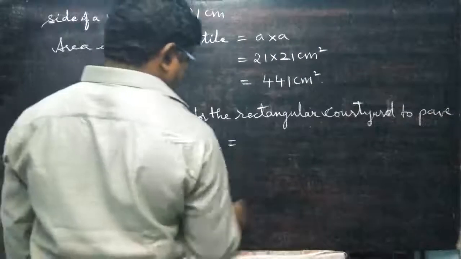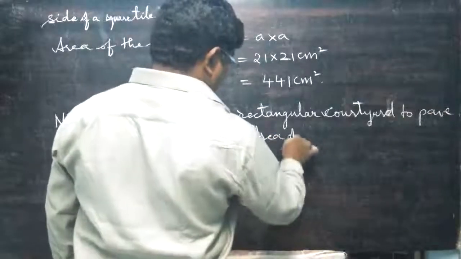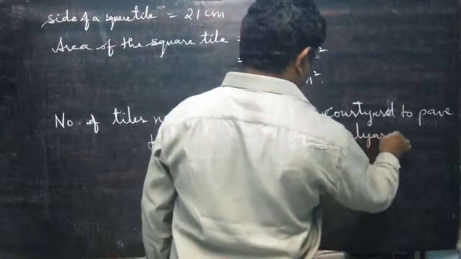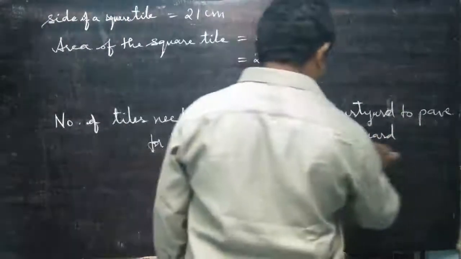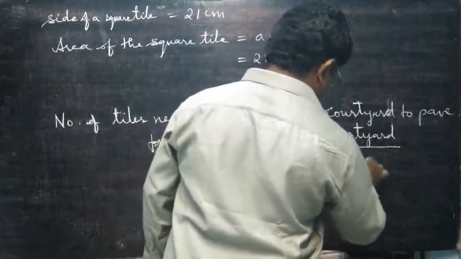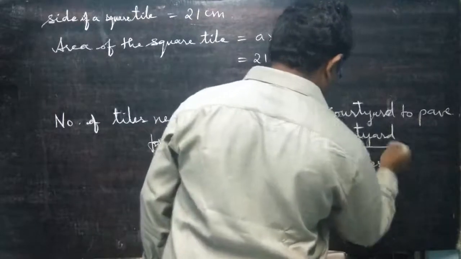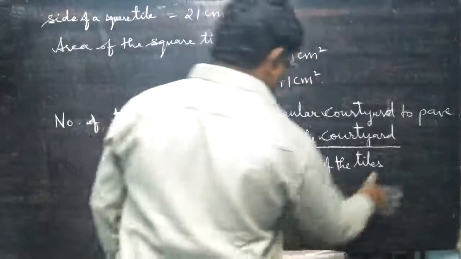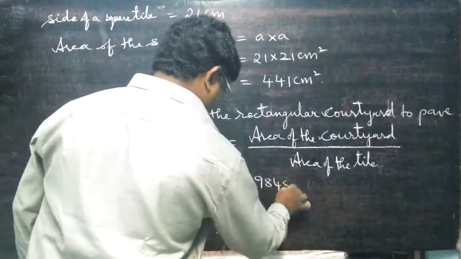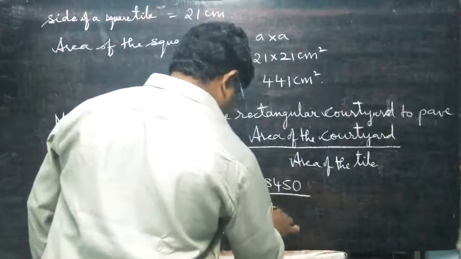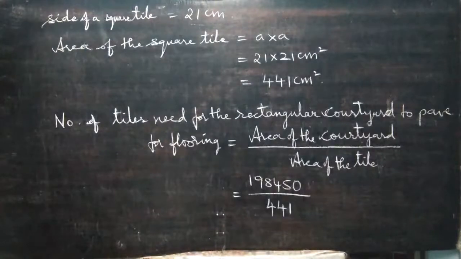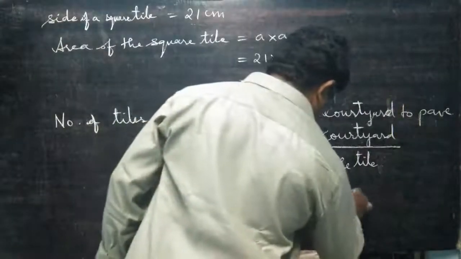Now we got the area of the courtyard, divide by the area of the tile. 1,98,450 we got now, by 441. When you divide, 450 will come.